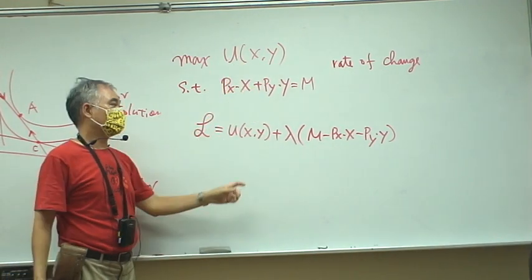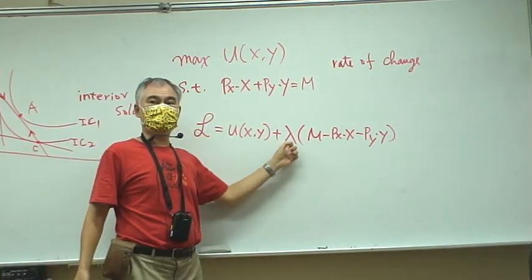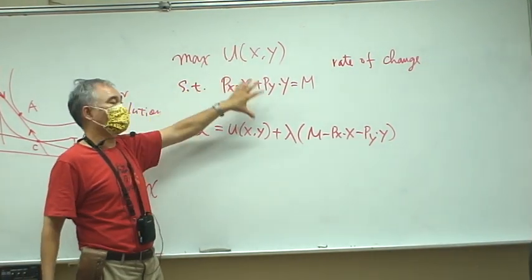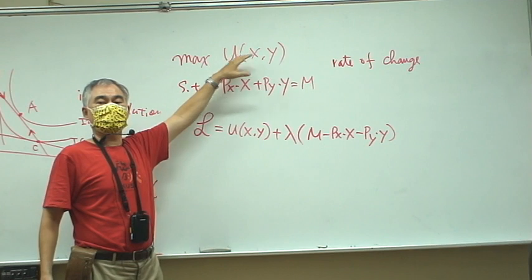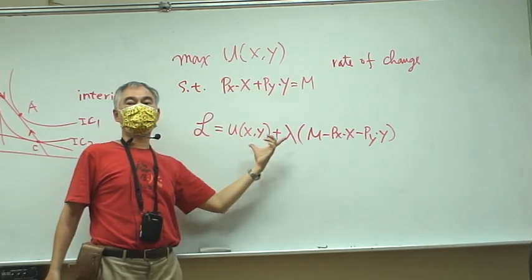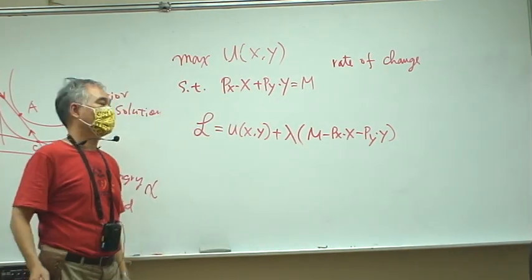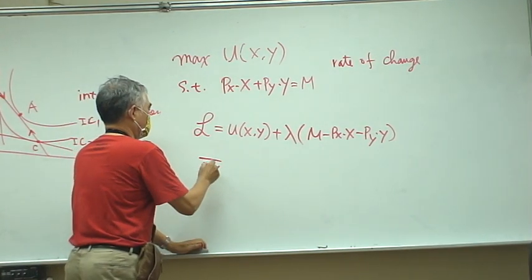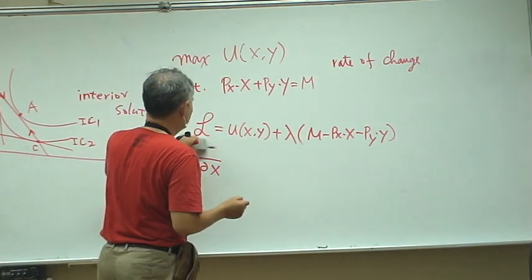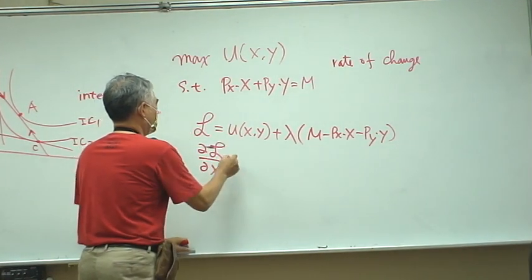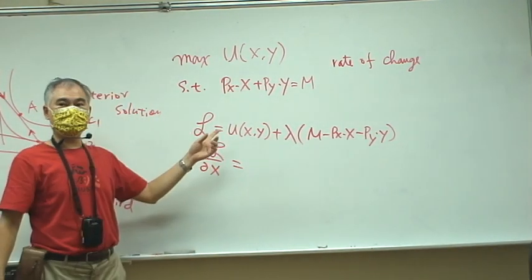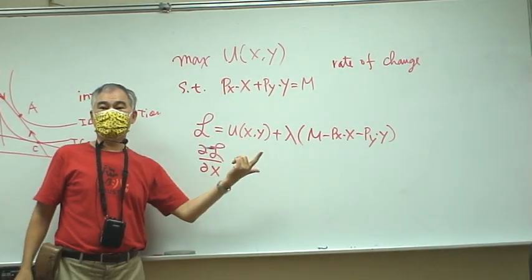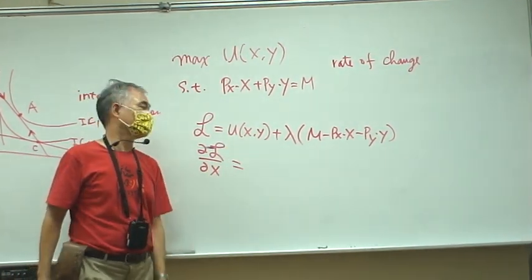But Lagrange invented the Lagrange multiplier and the Lagrange function. So we can actually turn this whole thing, a utility with a budget constraint, into a function again. Then we can take partial derivatives. Why do we use partial? Because we have two variables, x and y.